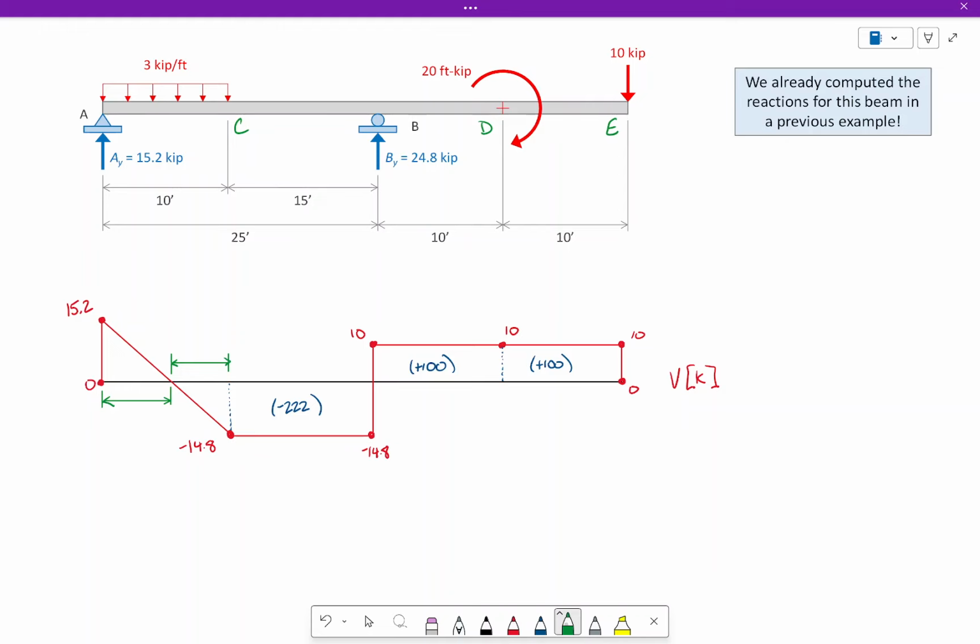So we'll call them x2 and x1. Okay? So how do I determine x1? How do I do that?